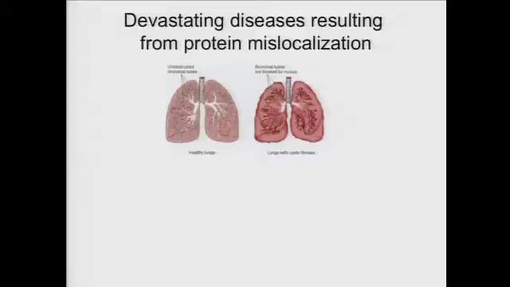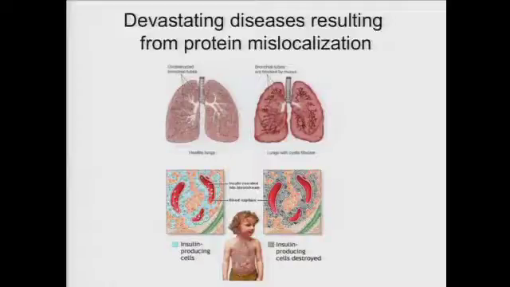So these patients have a lot of problems regulating their body fluids, and the most devastating consequence is these lungs clogged up with a thick layer of mucus. And to add injury to insult, that mucus becomes the breeding ground for bacteria. So most of these patients die from secondary bacterial infections.